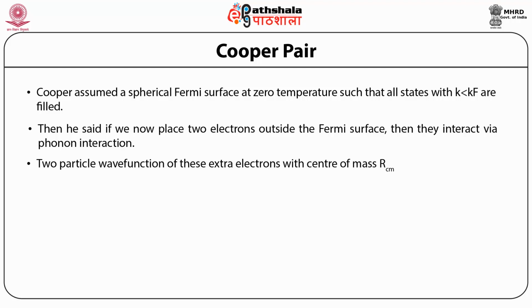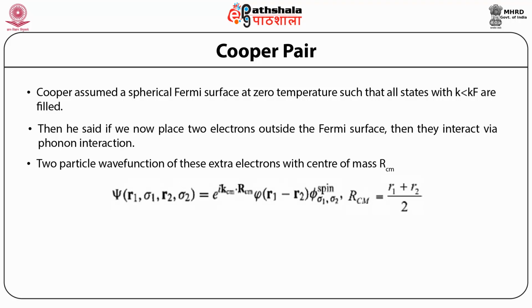The 2 particle wave function of these extra electrons with center of mass R_cm, which is a function of R1, R2, sigma 1, sigma 2, is equal to e raised to the power i k_cm dot R_cm, multiplied by a function which depends upon the spacing between the 2 electrons, that is R1 minus R2, which is a spatially dependent function, multiplied by a spin dependent function, phi spin, which depends upon sigma 1 and sigma 2, where R center of mass is equal to R1 plus R2 divided by 2.